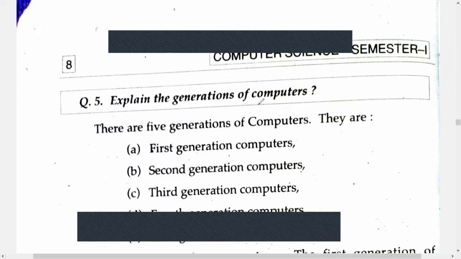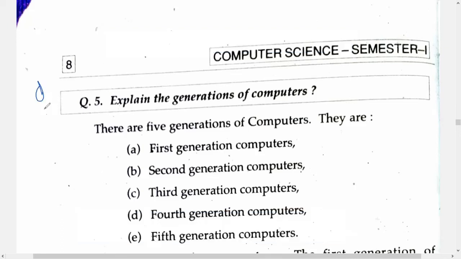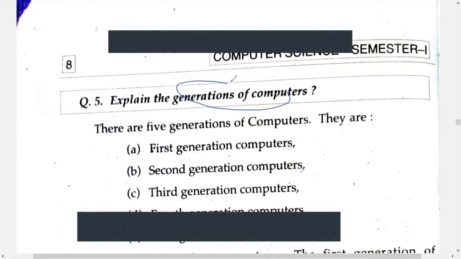It is generation of computers. So far, we have seen the characteristics, limitations, and how the computers have been divided into types of computers. After the types of computers, we have the development of the computers. You can see it as generations of computers.